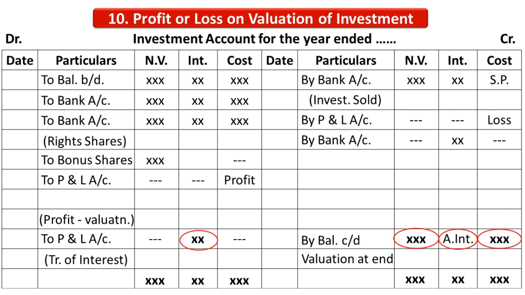So on the debit side, we have to write to profit and loss account and amount in the column of cost. If there is a loss, we have to credit the investment account with the amount of loss by writing by profit and loss account in the column of cost.